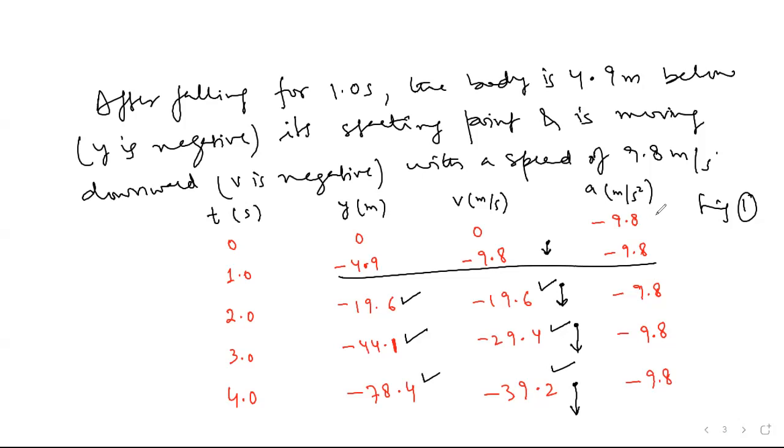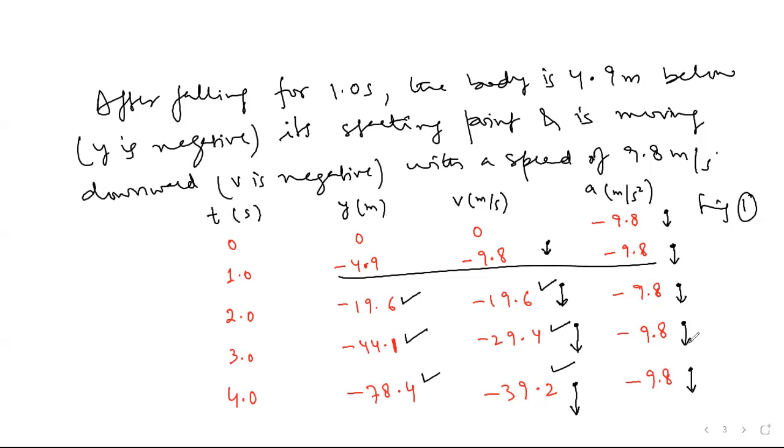But acceleration vector at all positions has same length and direction. It will be directed downward, but throughout the acceleration vector has same magnitude and direction. That is indicated by length of the vector.